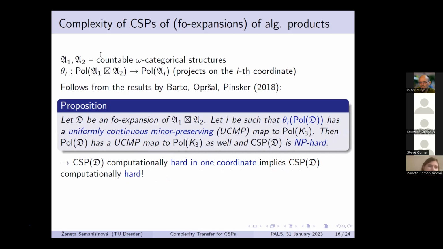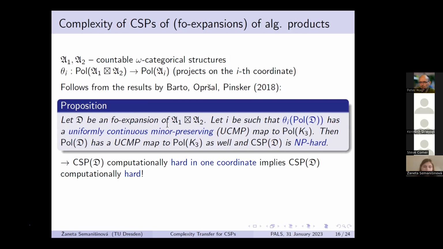From now on, if I have some general structures A1 and A2, they will be countable and omega categorical. I will need this map theta_i, from the product clone, which is just the projection onto the ith coordinate. And by results from 2018 by Bodirsky, Bodor, and Pinsker, we can understand the hard cases of first order expansions of algebraic products.